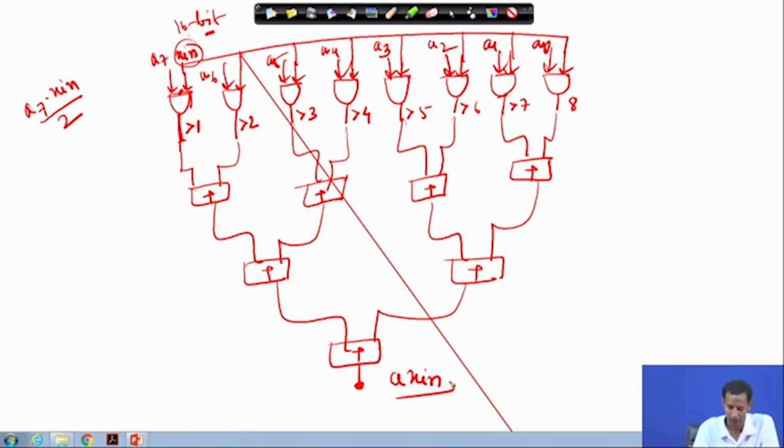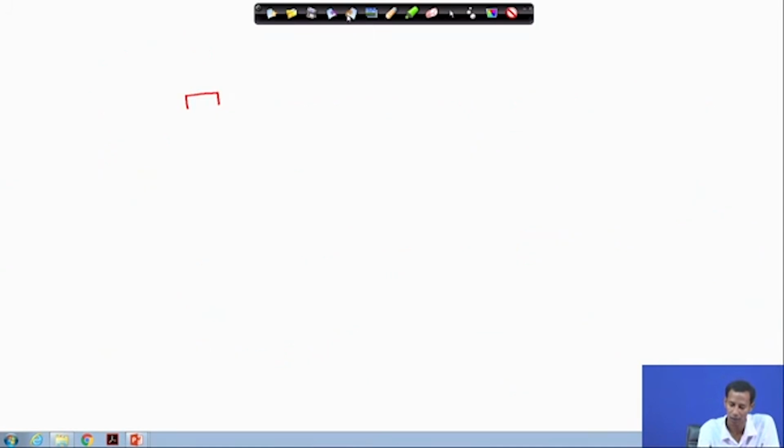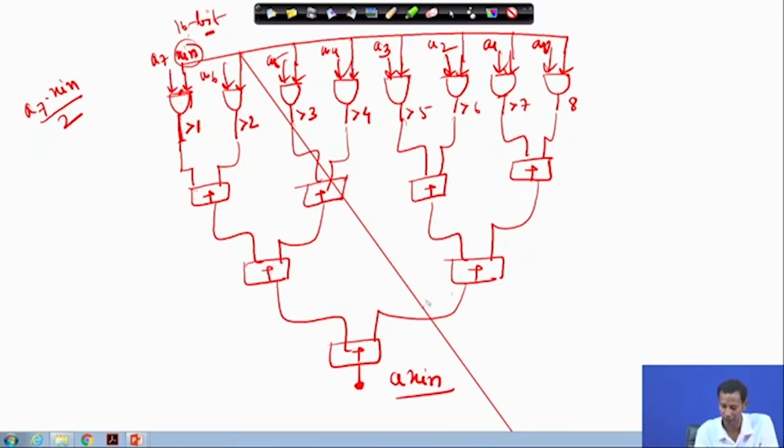So why do I require this addition operation? If I go back here, you see each of these terms is finally added to get this A into xn. So here I am doing this final addition, that means these are the partial products generated from this ANDing operation, and after that each of these partial products is added or summed up to find the final A into xn.